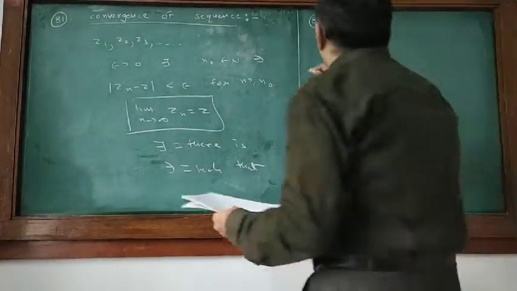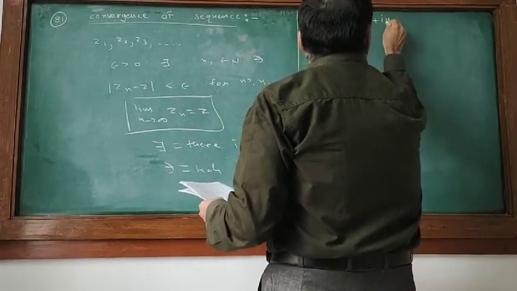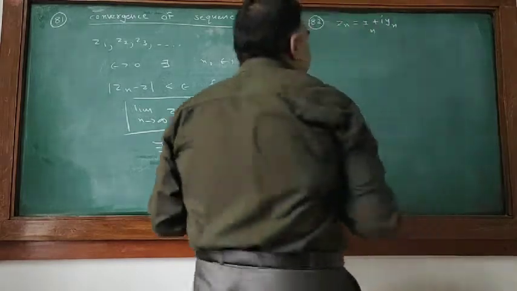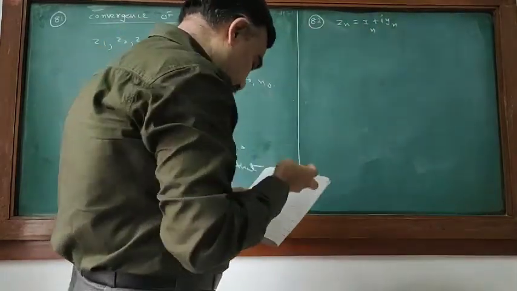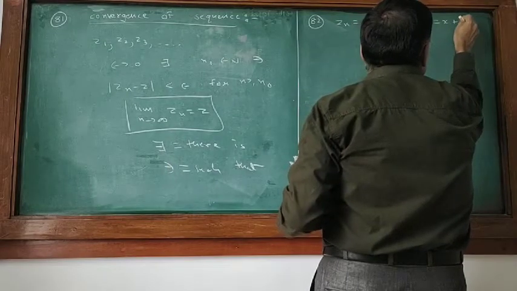Here zn equals xn plus i yn and z equals x plus i y.